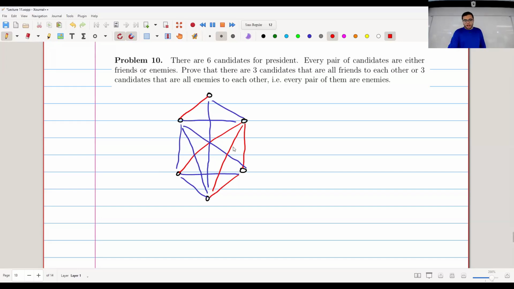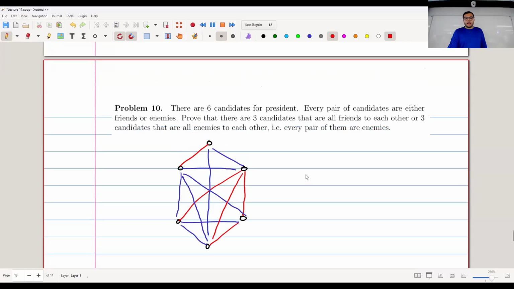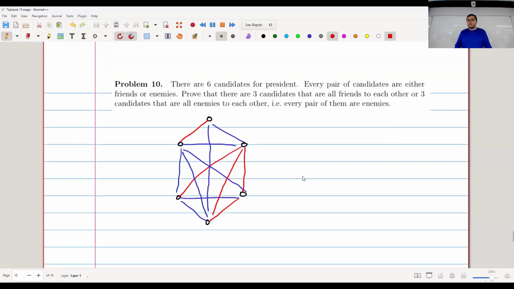So for example, here we have a triangle that is completely red. So 3 people that are all enemies to each other, right? Here we have a triangle that is completely blue. So 3 people that are all friends to each other. And the theorem says that you have to prove that one of these 2 types of triangles always exists.